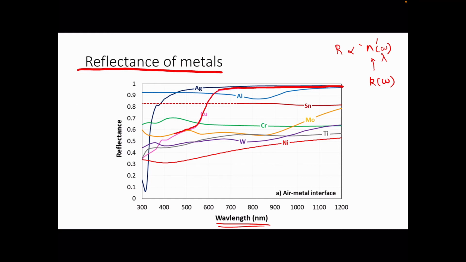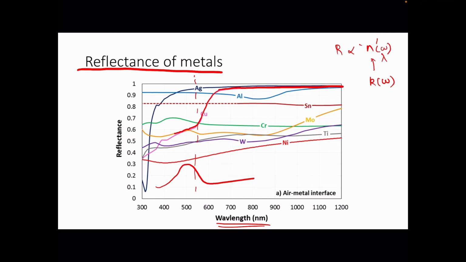So if there is a dip in the real part of the refractive index, if you do the Kramers-Kronig relation, it will show that there will be a small peak. So if I plot k, or the absorbance or the attenuation in the material, let's say for copper, you will have a small peak here which gives you a dip, right?